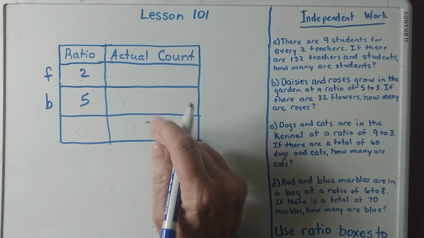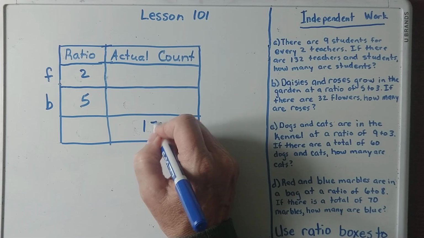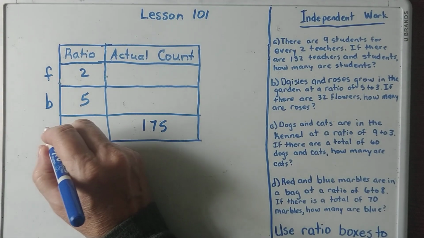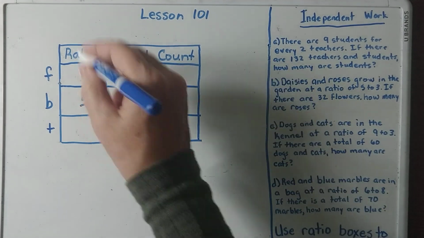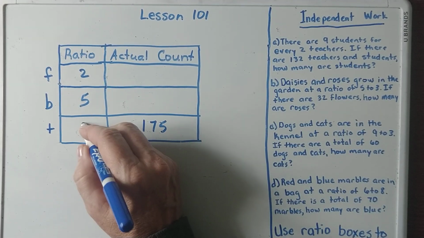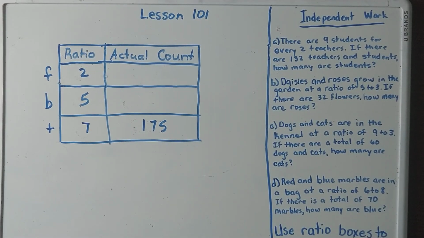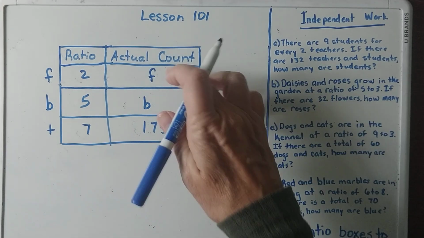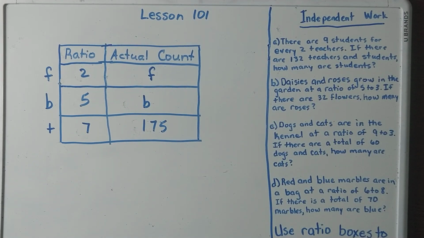So there were 175, the actual count. So what would be the ratio total? It would be 7. All right, so football players and band members.